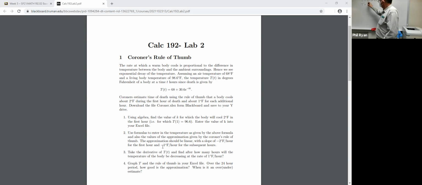Okay, so what happens when we take the derivative of the 68? It's 0, right? Then we take the derivative of this. The 30.6 stays because that's a constant multiple. The 68 goes away because it's a constant addition. What's the derivative of an exponential?